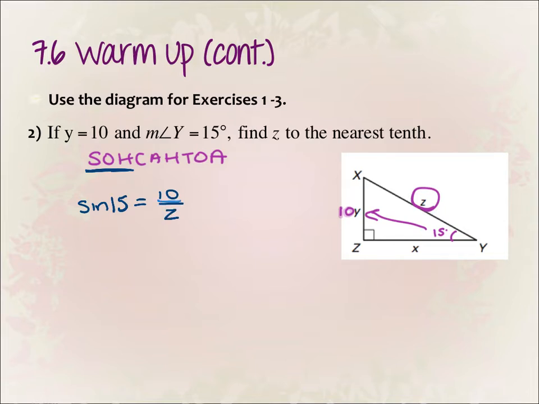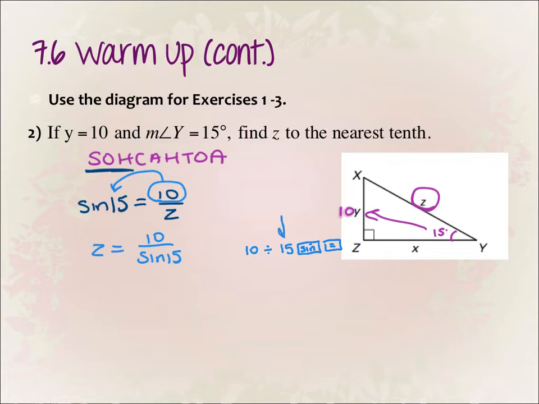The z is in the denominator, so we're going to take the 10 and divide it by the sine of 15. And z equals 10 over the sine of 15. We're going to grab the calculators, and we're going to do 10 divided by the sine of 15, if your calculator shows the word sine. If it doesn't, then you're going to do 10 divided by 15, then hit the sine button, and then hit the equal button.